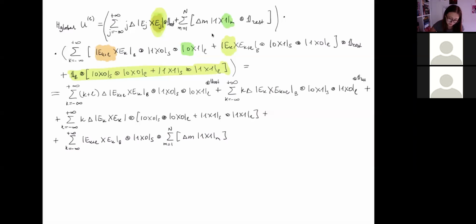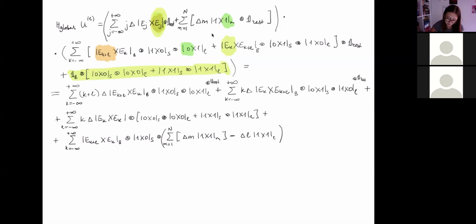And then there is also the identity on the rest, for all cases except when m equals l. So one can say that this is just the sum over these minus delta L, 1 1 L.